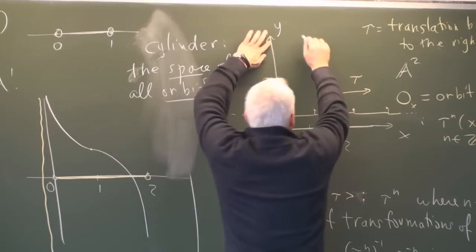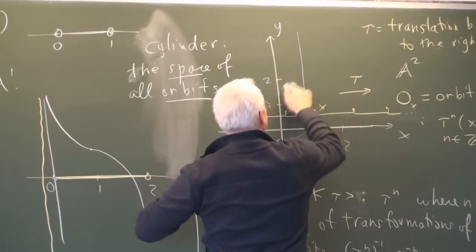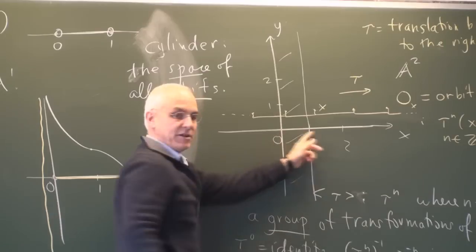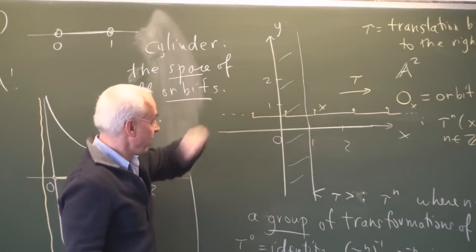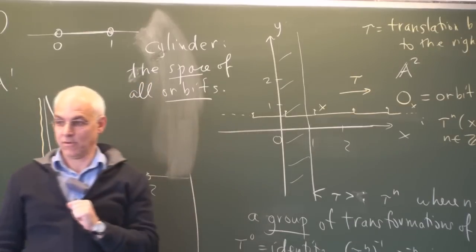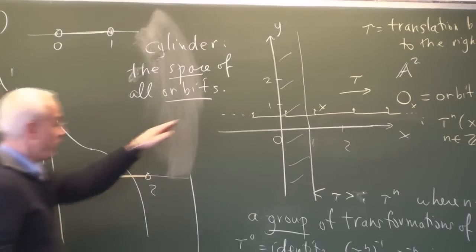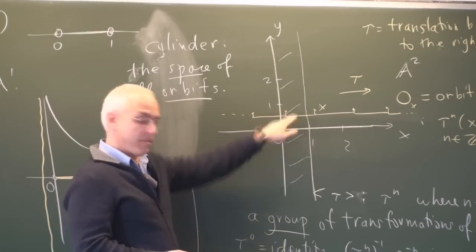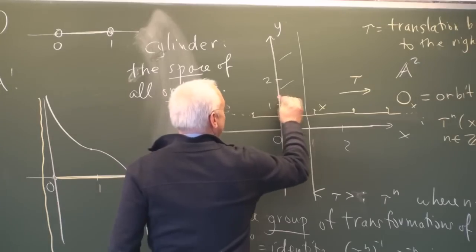Well, what we could do is look at a strip between x equals 0 and x equals 1. Then every orbit, no matter where it is, will meet this vertical strip. Most of the time, just in one point. For example, this orbit meets it in just one point there. But you could imagine another orbit that meets it in 2 points, for example, here and here.